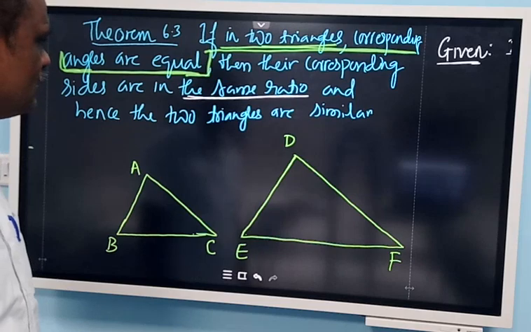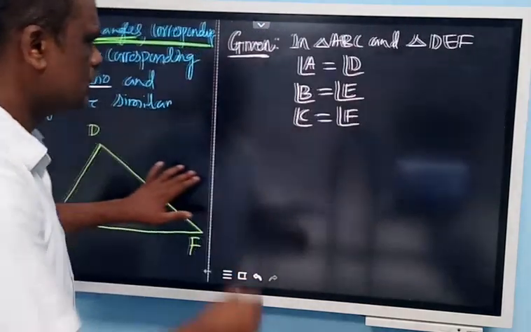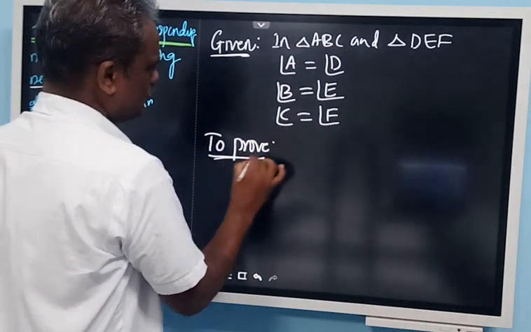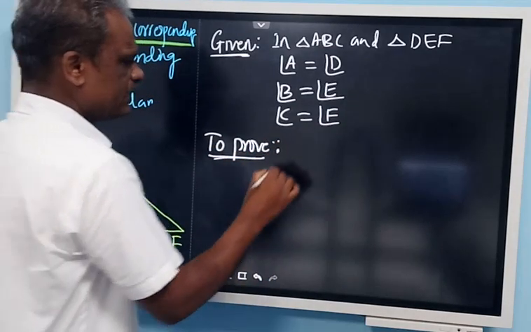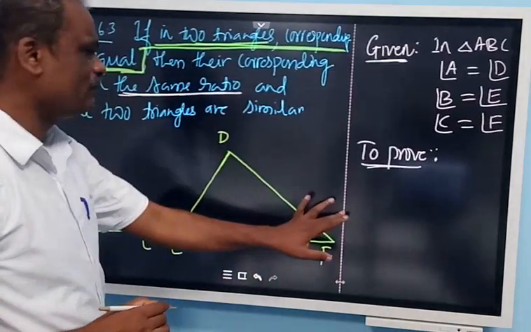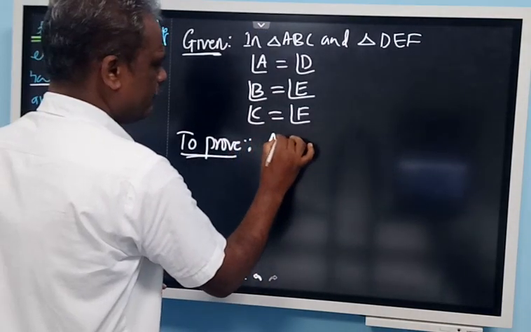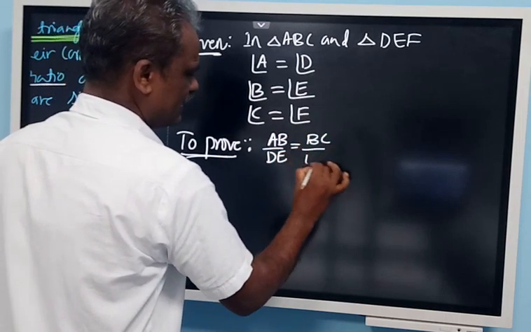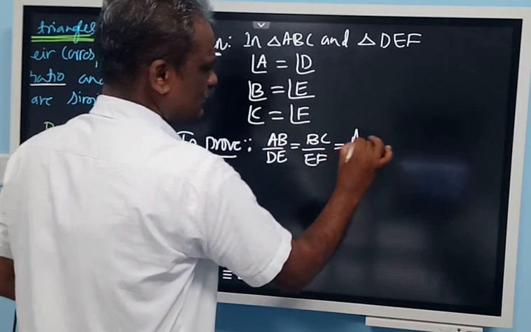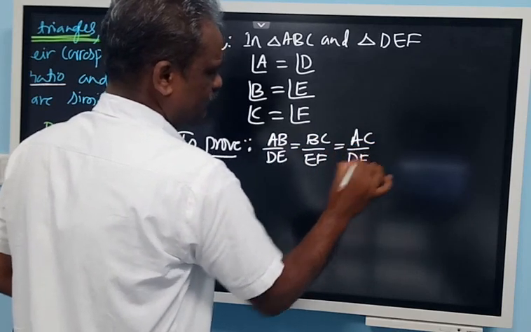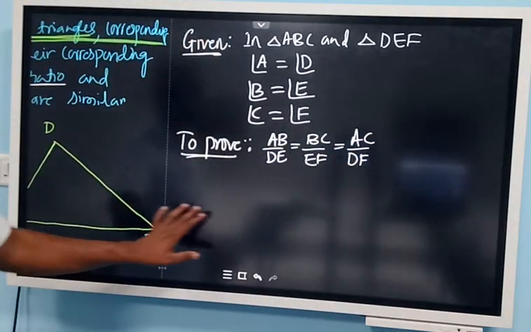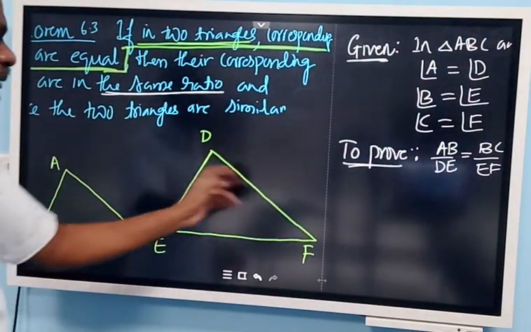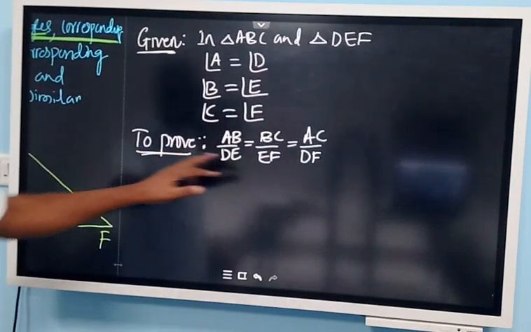The next thing is what you have to prove. To prove, you can write the corresponding sides are in the same ratio: AB by DE is equal to BC by EF is equal to AC by DF. The three pairs of corresponding sides AB by DE, BC by EF, AC by DF are in the same ratio.